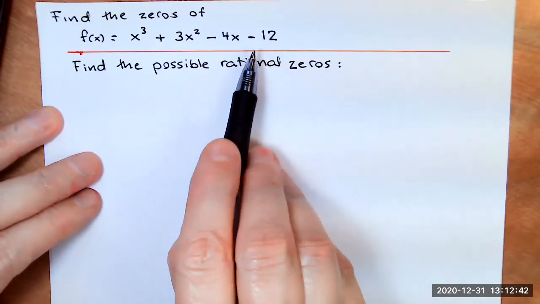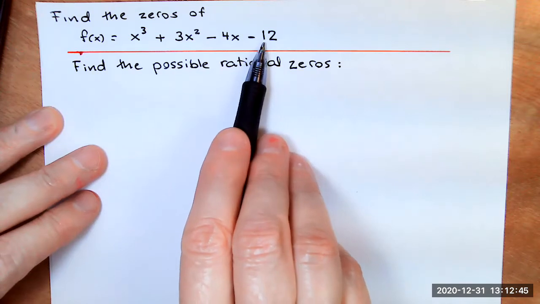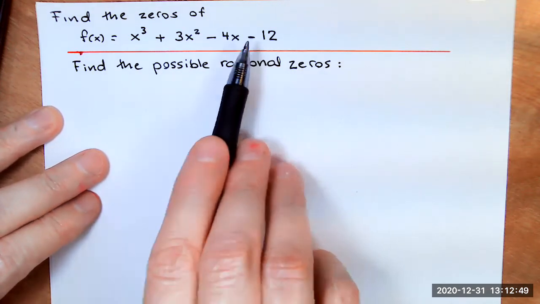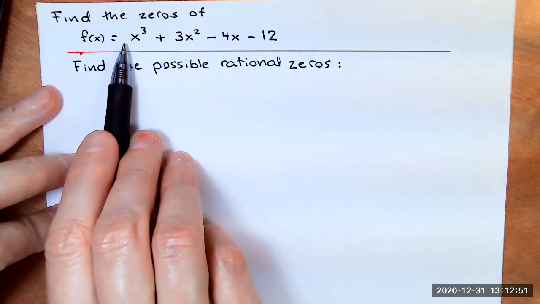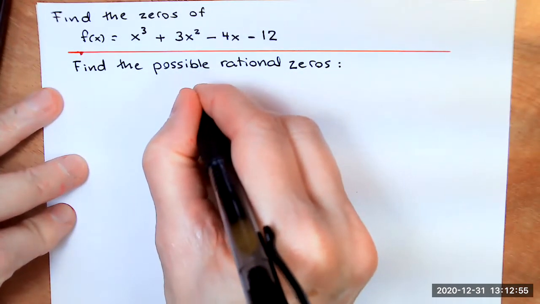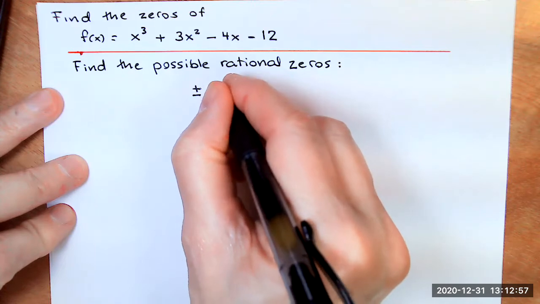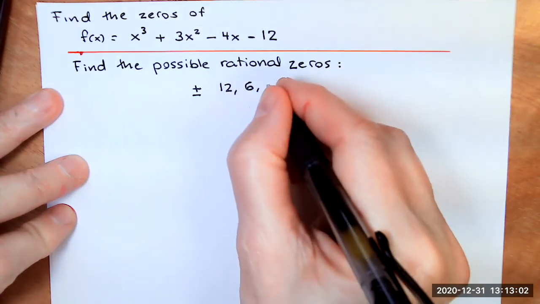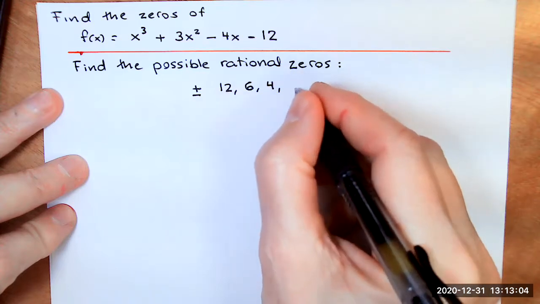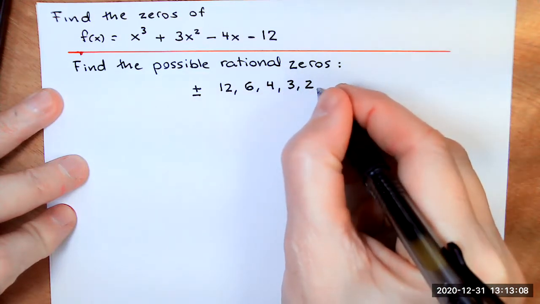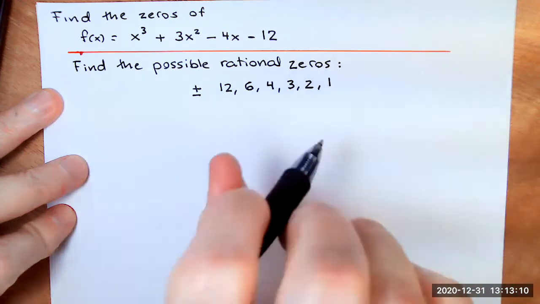So to find the possible rational zeros, you divide the factors of our last term, 12, by the factors of your first term, 1. Remember, it's plus or minus. So 12 over 1, 6 over 1, 4 over 1, 3 over 1, 2 over 1, or 1 over 1.